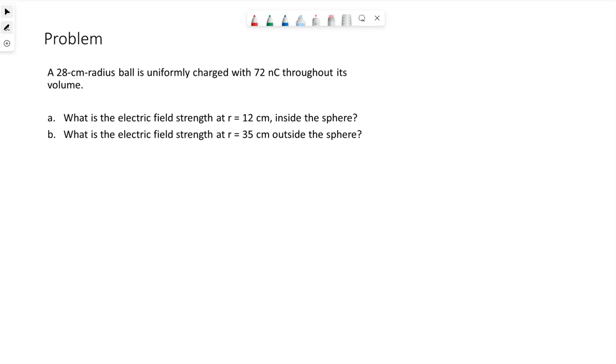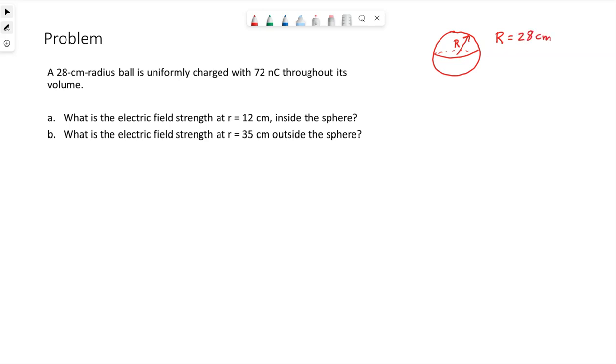Okay, so we have a sphere, a ball. I'm going to use capital R to represent the 28 centimeters.